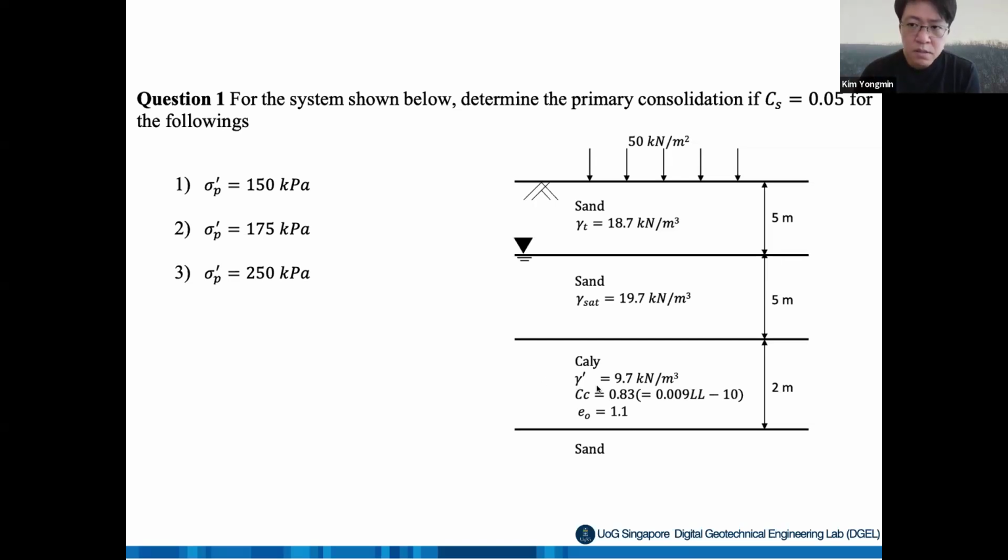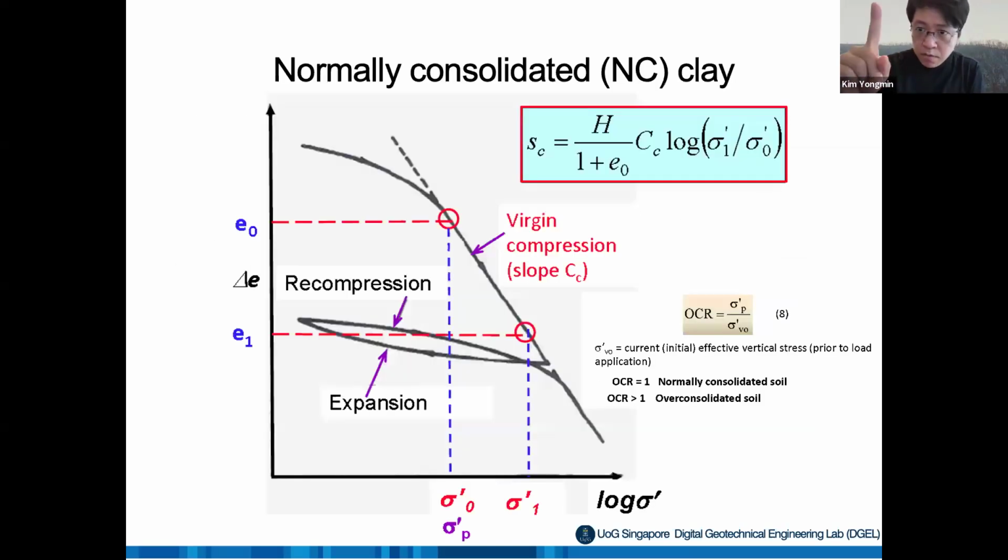So in this case, we have 3 scenarios. NC clay, okay? OC clay, another OC clay. First of all, NC clay, we are able to calculate from here to here.